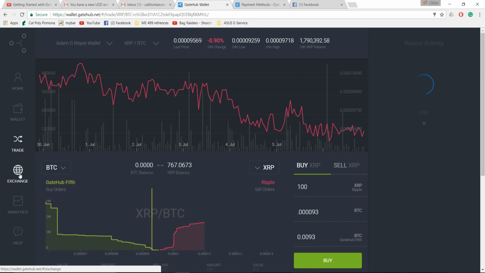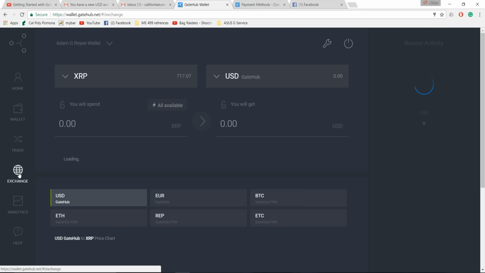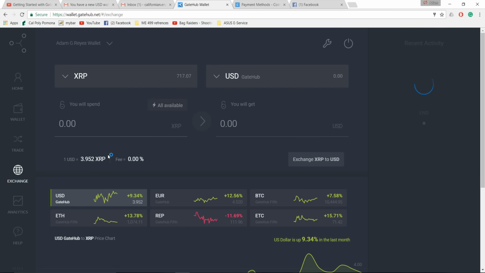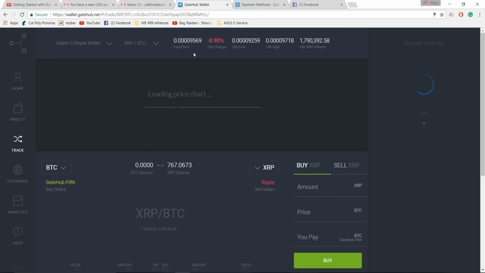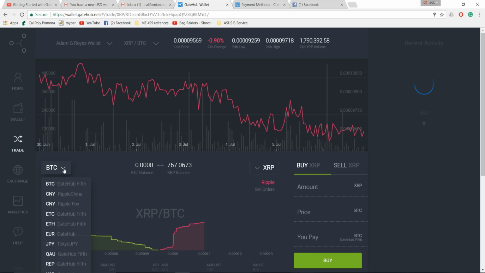Now for the Gatehub exchange, Gatehub will actually exchange your currency for whatever you want at their conversion. So it'll tell you right here in the bottom left, you have $1 for 3.952 Ripple. You can even flip it, so it'll be 25 cents per Ripple.